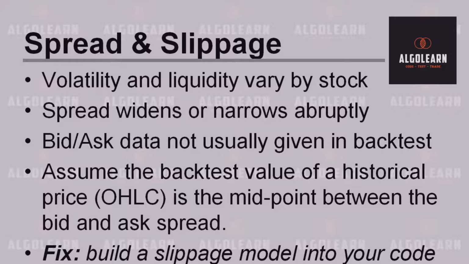But nevertheless, what we want to do is build a slippage model into our code. One of the ways to do that is when you run your algo live, say in paper trade, maybe for a two-week period, and you make note of all of the purchase and sale prices that were made during your live paper trade, okay?